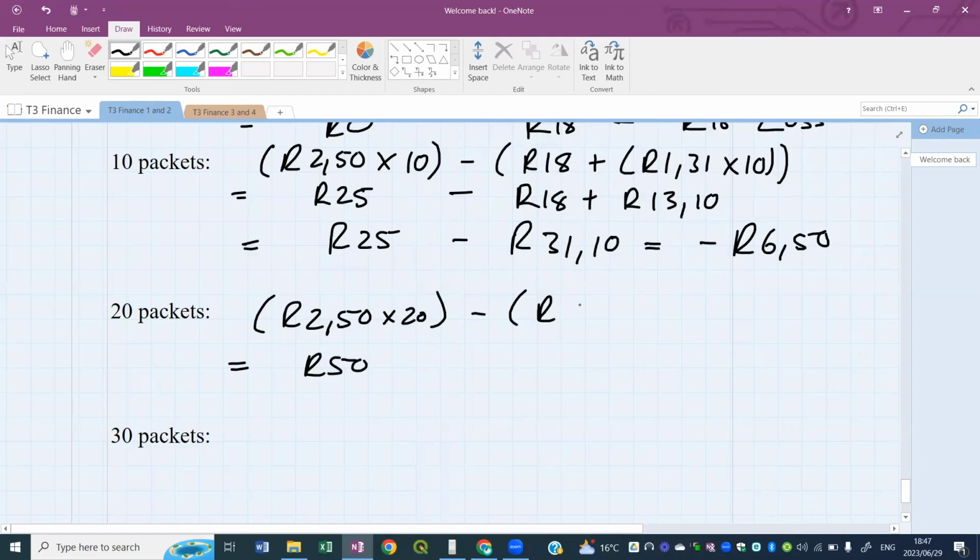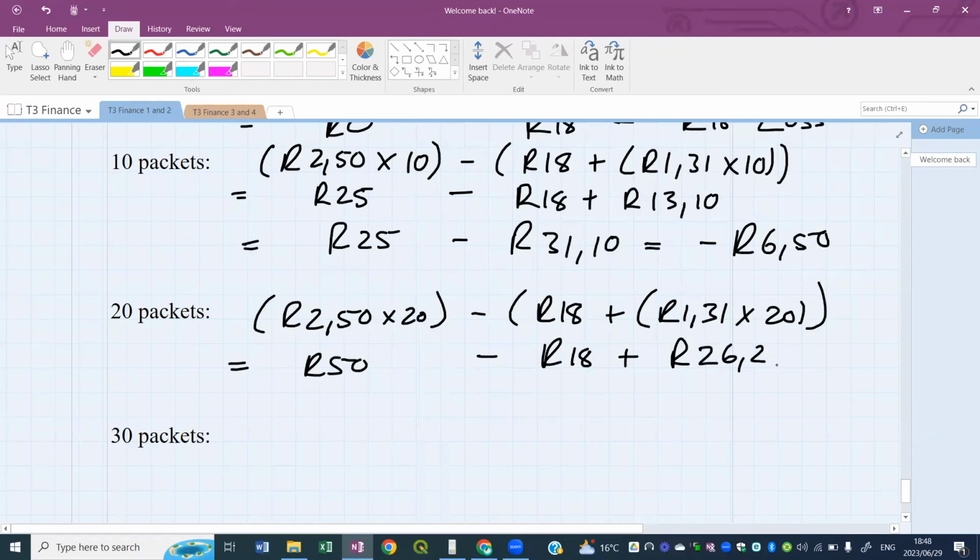Then I said 18 Rand plus 1 Rand 31 times 20, which gave me 44,2. Altogether, so the 18 plus that will give you 44,2. Yes. Okay. So this is 26,2 if I'm right.